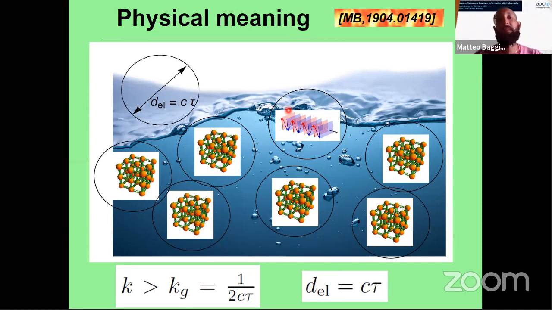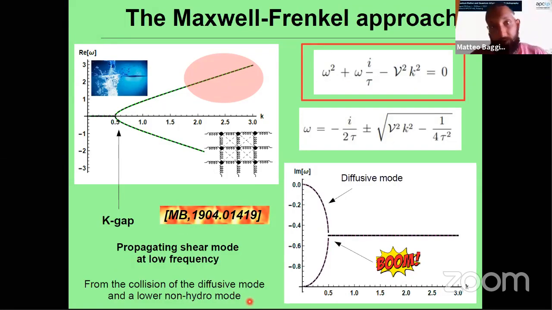So this means that if you look at the fluid, there is a specific length scale, which is characterized by this k-gap, which is inversely proportional to this tau. So let's go back a second. This point is the inverse of this jumping time. If this jumping time is infinite, like in a solid, this k-gap will approach zero.